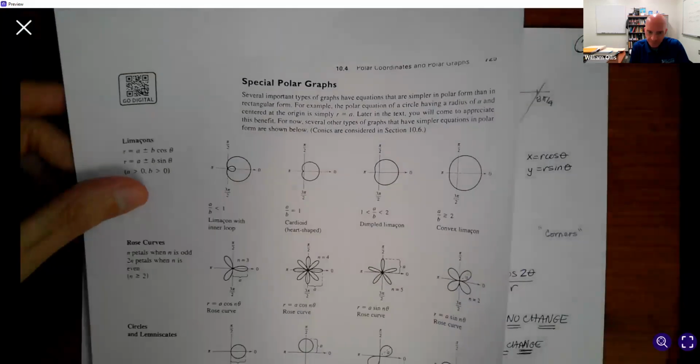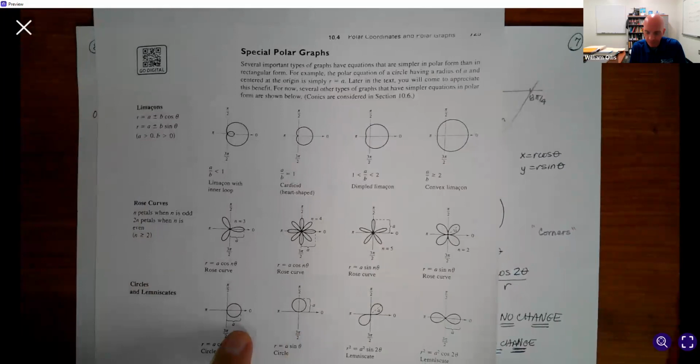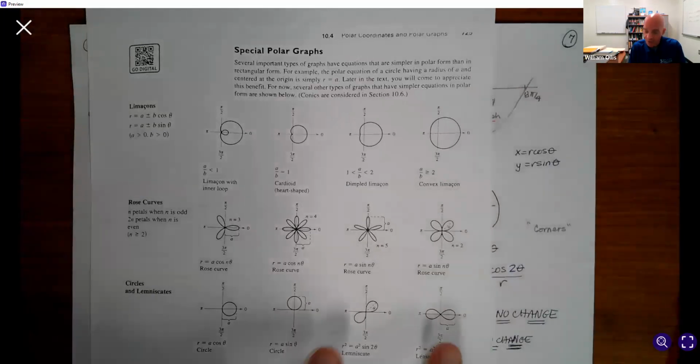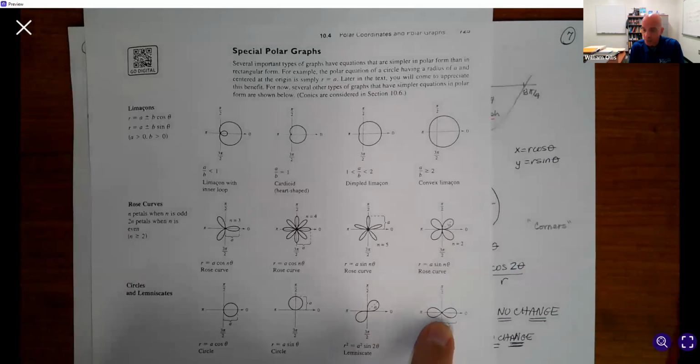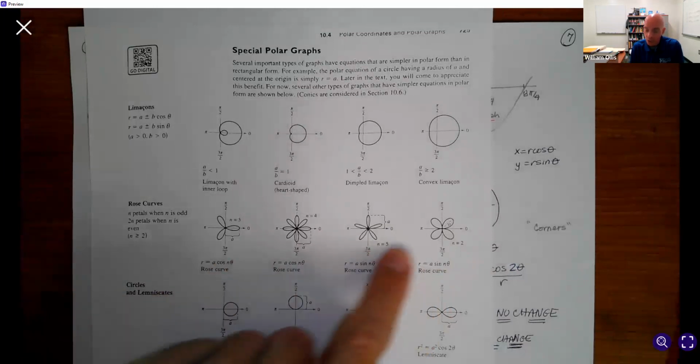So again, we think about the simple circles here, and then just r equals 1, which is just the unit circle that's centered at the pole, so to speak. We think about the lemniscates. Again, if we have the cosine, then we get the figure 8 that is saddled on the polar axis. We get our rose curves.